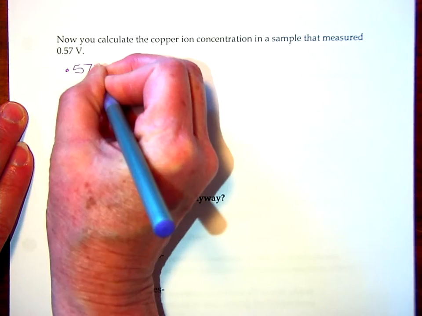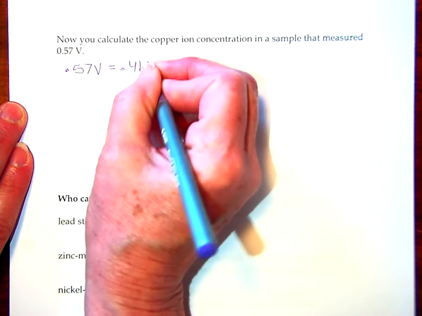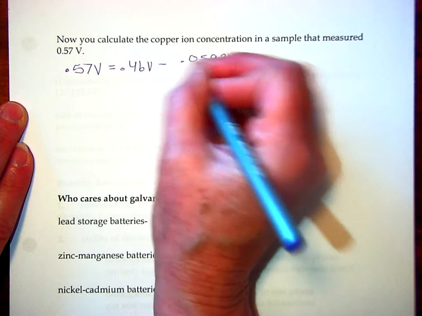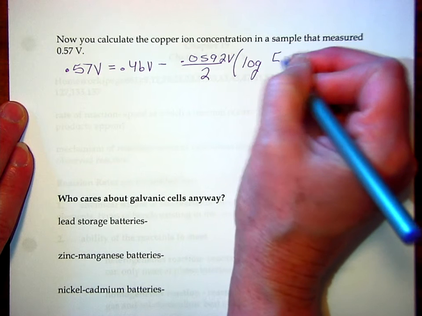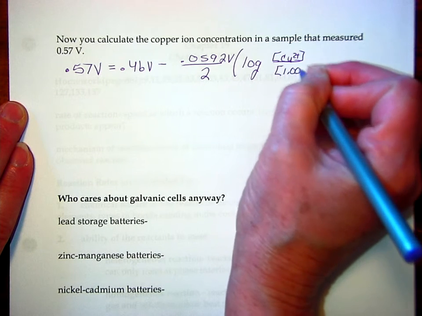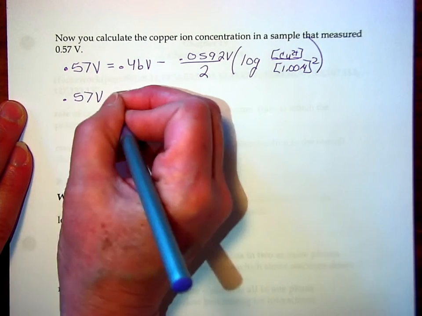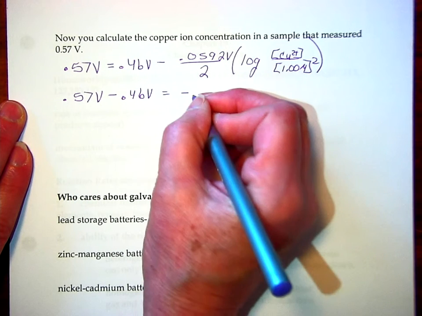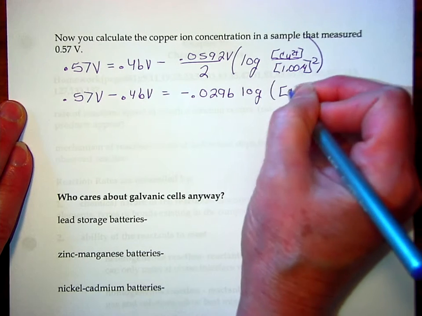So 0.57 volts, my E that's measured, is equal to the E0, 0.46 volts, minus 0.0592 volts divided by 2 moles of electrons, times the log of my copper concentration divided by my silver concentration, 1 molar squared. So 0.57 volts minus 0.46 volts is equal to negative 0.0296 times the log of the copper concentration.